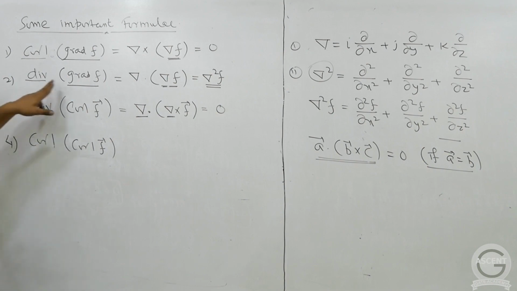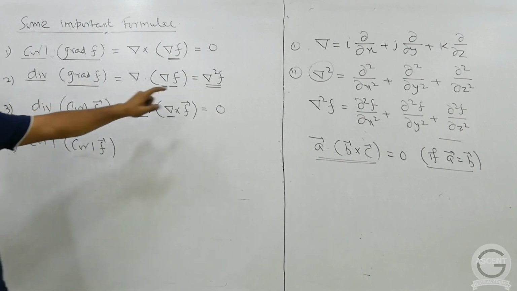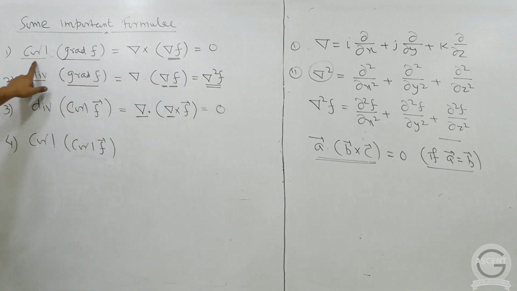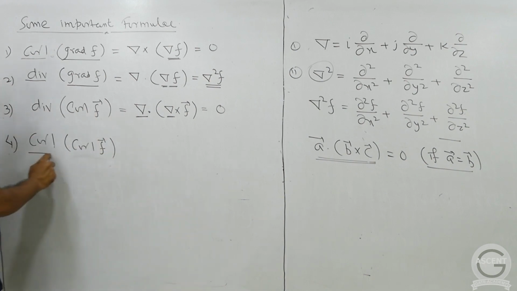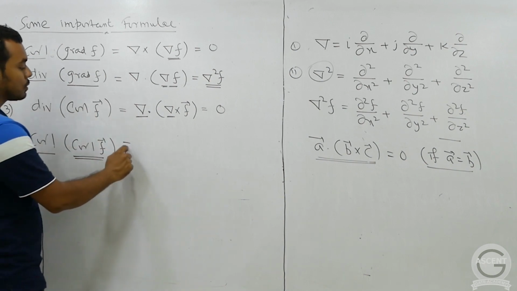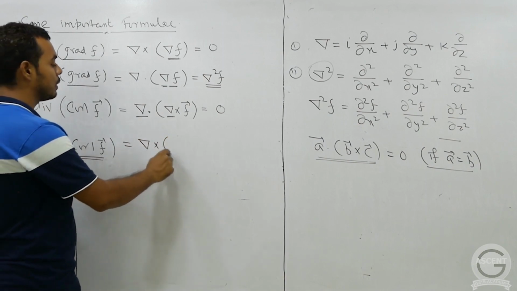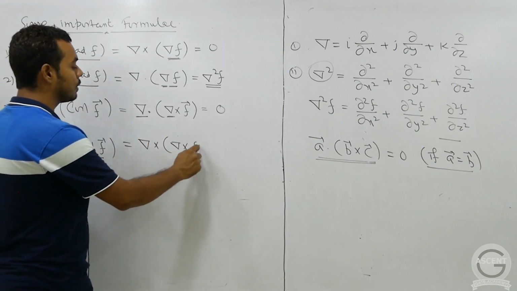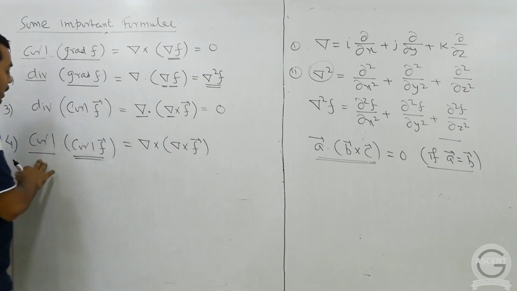Okay, divergence of gradient of f, this will be del square f. Curl of gradient of f, this will be 0. Divergence of curl of f, this is again 0. And finally curl of curl of f.